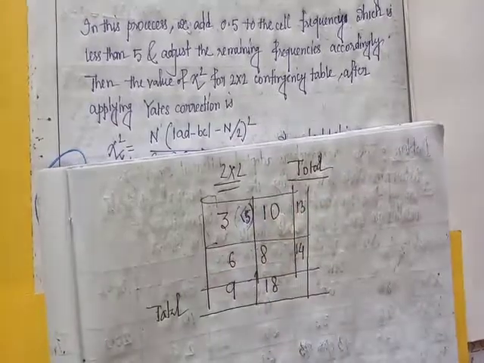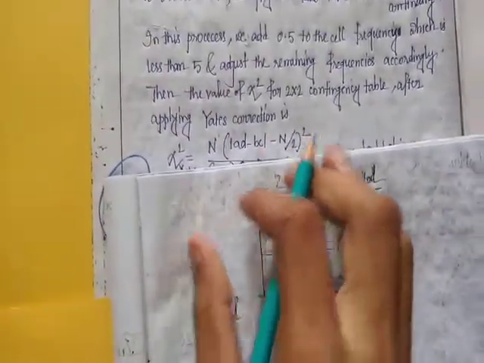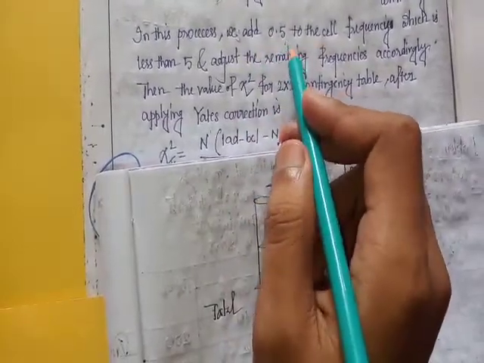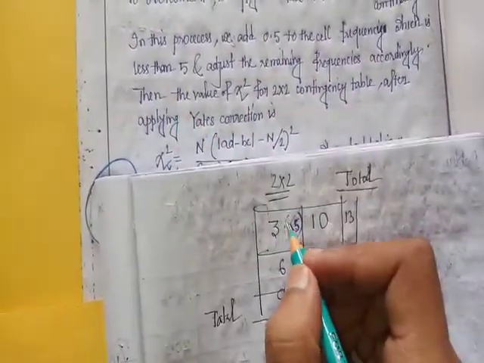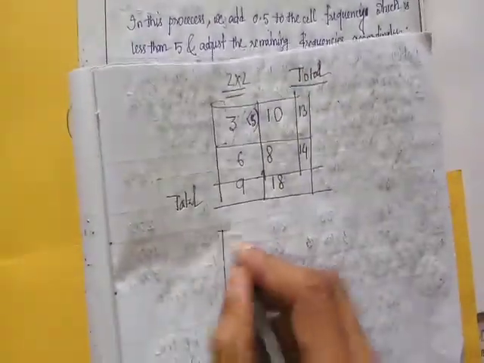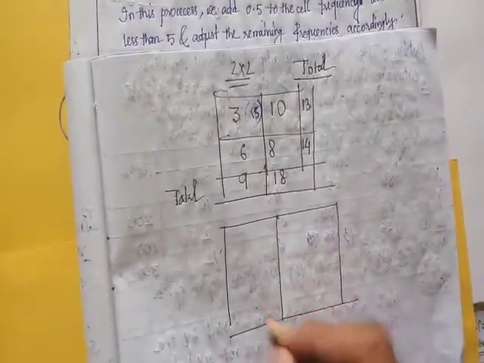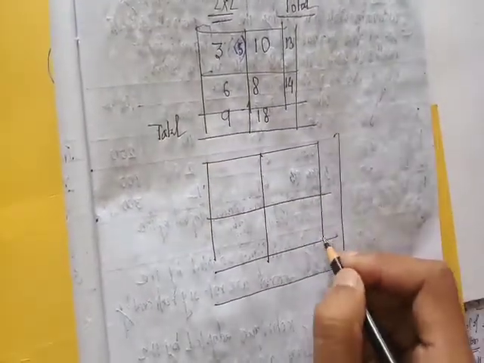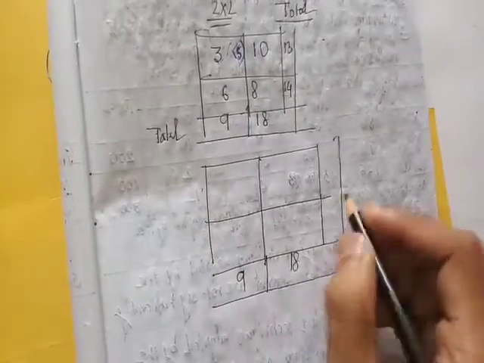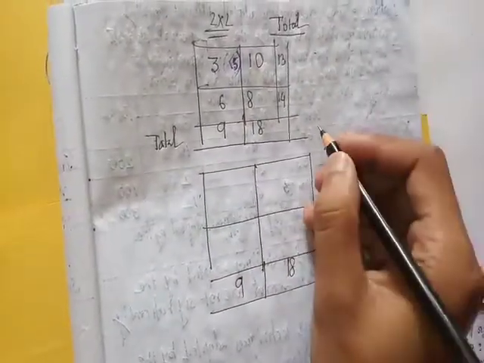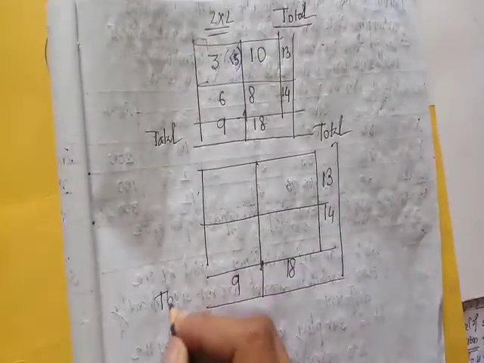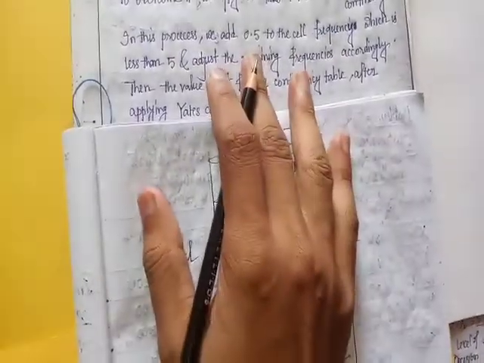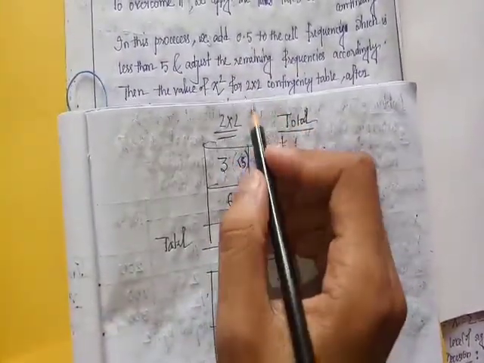This cell frequency is less than 5, so we apply Yates correction. The process is we add 0.5 to the cell frequency which is less than 5, so we add 0.5 with 3, then the new observed frequency becomes 3.5, but the total remains the same.